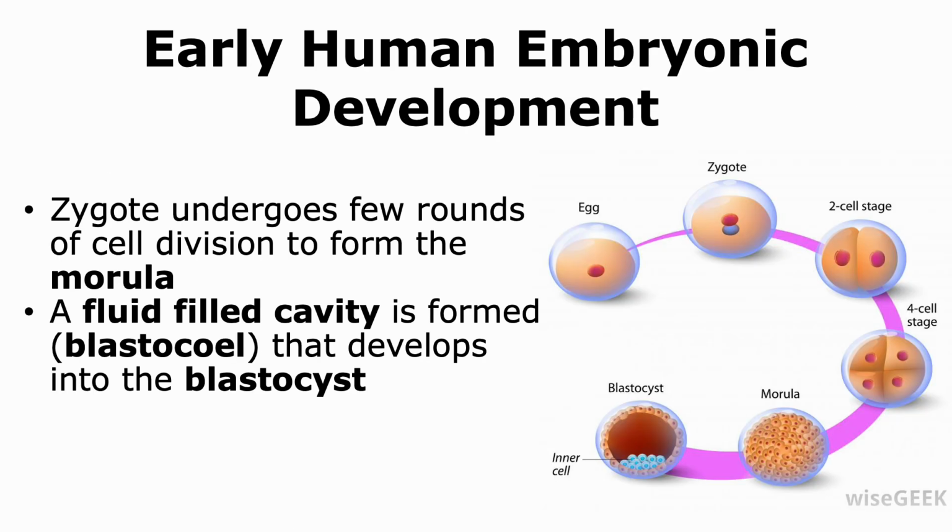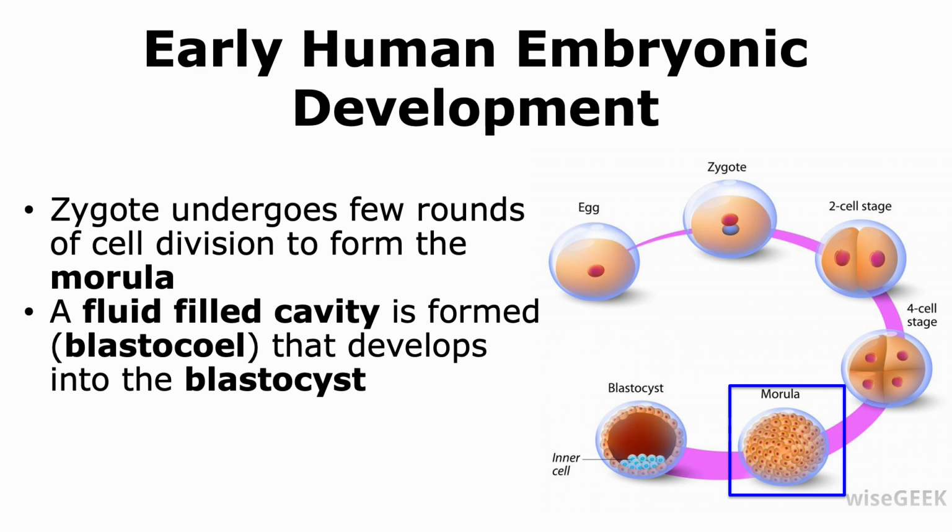Before we look at the different types of stem cells and their niches, let us first look at early embryonic development. During early embryonic development, after fertilization, we obtain a zygote that is shown in the blue box in the figure. The zygote can undergo cell division to form a 2-cell stage, then a 4-cell stage, and finally it forms a cluster of cells that we call a morula.